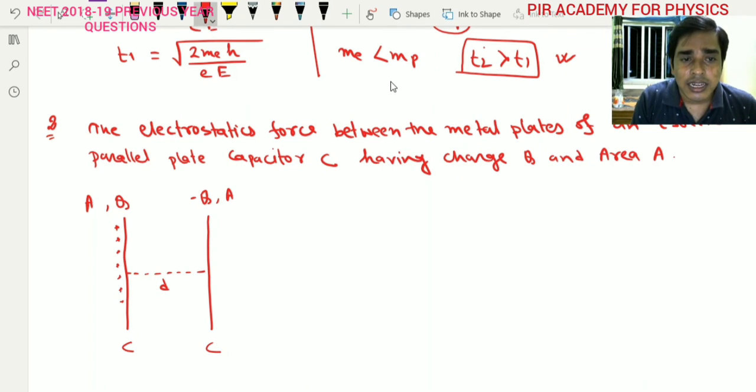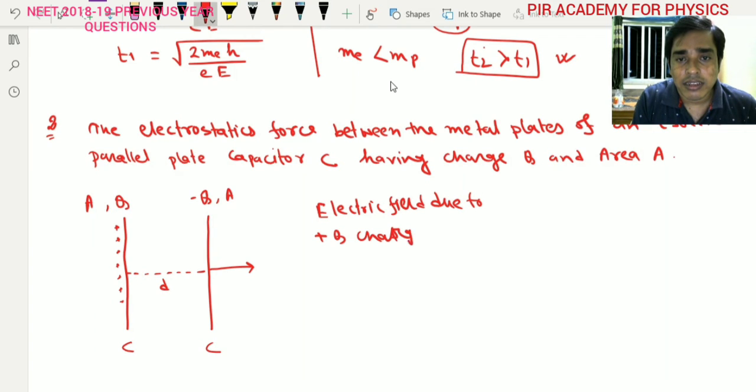So suppose we find the electric field at point P due to the plus q charge.